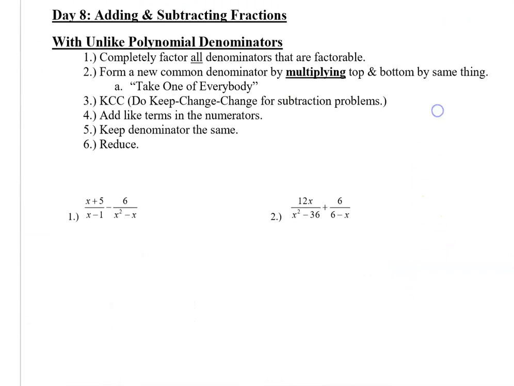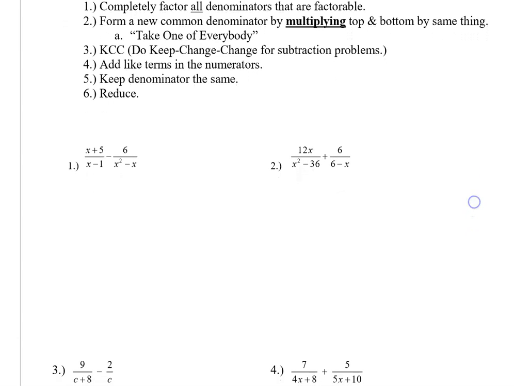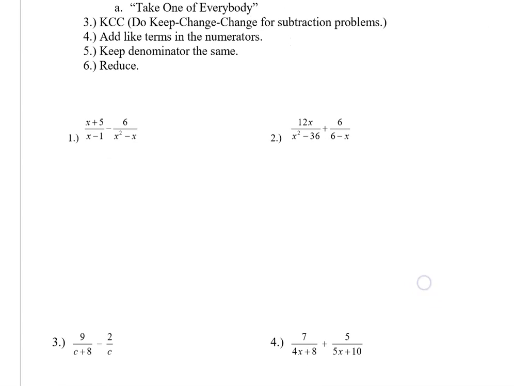So gradually, again, it's still the same process here, but the denominators I'm just making a little bit more complicated. So for number 1, I'm going to look at my denominators and actually factor them first so that I can see what they're made up of. In doing so, it allows me to say that my lowest common denominator would be an x and an x minus 1.